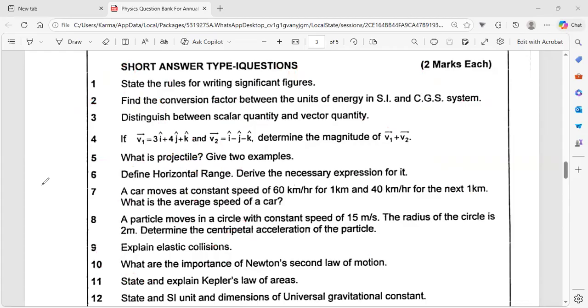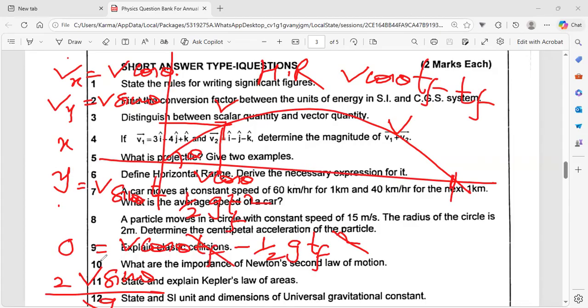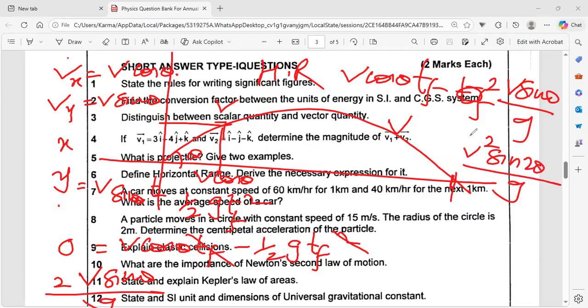I just substituted this 2 v sin theta upon g over here. 2 sin theta cos theta will be sin 2 theta. So v square sin 2 theta upon g is going to be the horizontal range. Easier how it looks.